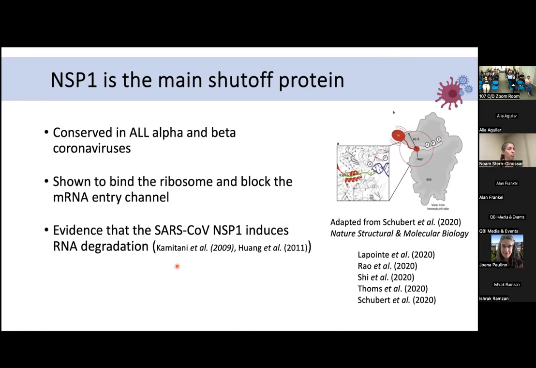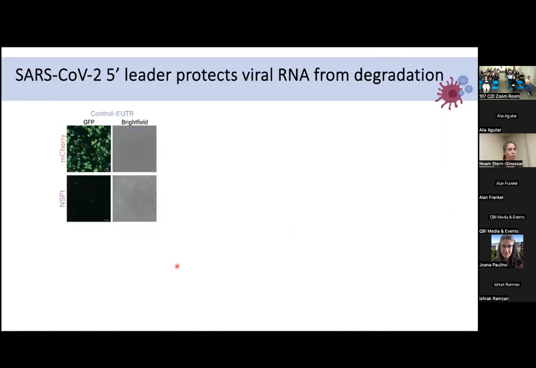So we wanted to see if NSP1 indeed has the capacity to degrade cellular mRNA, and we used a very simple reporter assay. So we cloned GFP with a control 5' UTR, and then expressed it either with mCherry as a control, so of course the GFP is expressed, or together with NSP1, which really blocks the GFP expression. This was shown by others because it blocks translation. But what we could see is that this is also associated with major reduction in the mRNA level of the GFP, basically proving that NSP1 can degrade cellular RNA.